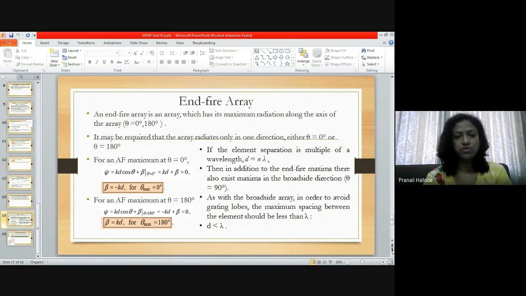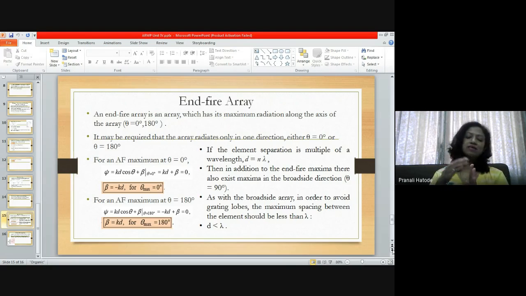That means if your array is oriented along the z axis, then the radiation pattern observed will also be along the same axis. Say, suppose the z axis, so it will be at theta equals 0 and theta equals 180 degrees. Or, if you read the second point, it may be required that the array radiates only in one direction.